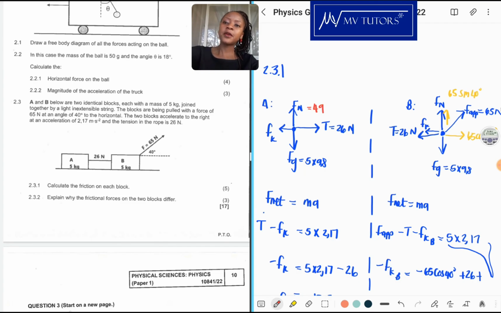If you were to work out the normal force here, basically it would be normal force plus 65 sin 40 is equal to Fg, which is 49 Newton. So already you can see that the normal force here is different.